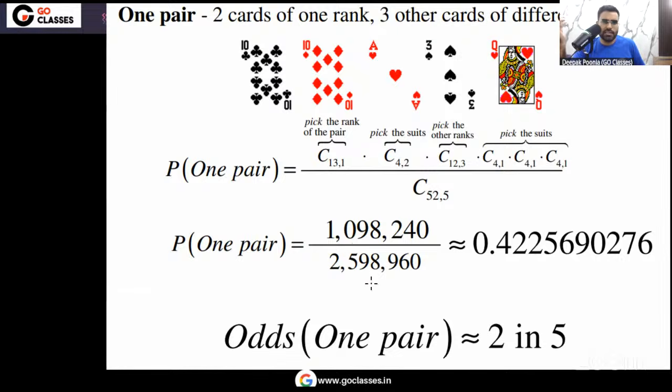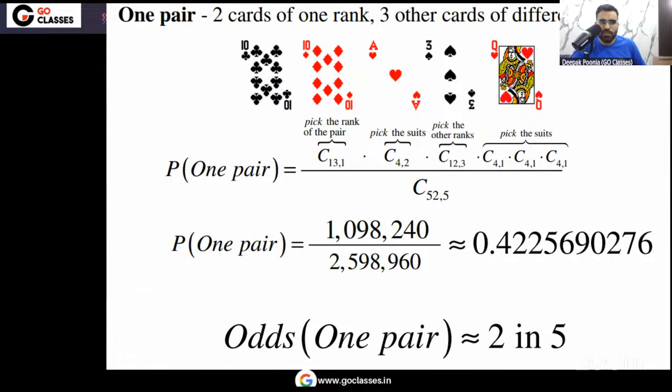From 52 cards, if I give you 5 cards, then what are the chances that you will get one pair poker hand? Let me tell you the odds of getting one pair poker hand, that is 2 in 5. Okay, these are the chances approximately. This means approximately that out of 5 times, 2 times you will get one pair poker hand. So these are very good chances, right? These are very good odds, I can say.